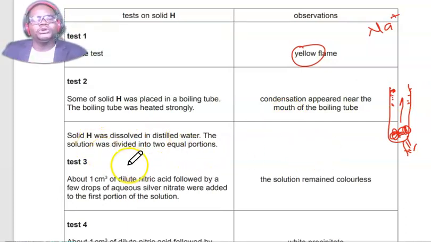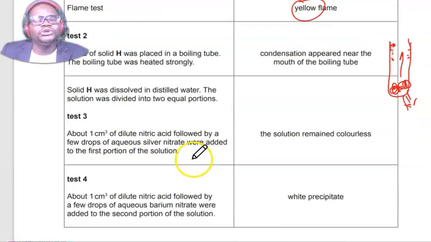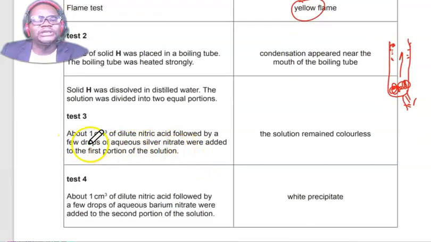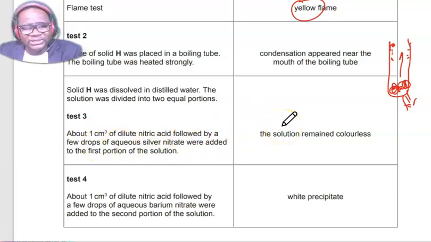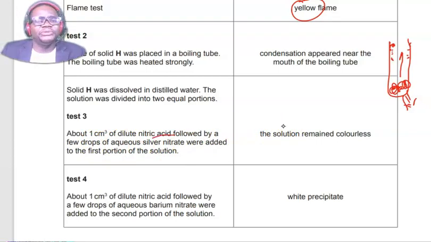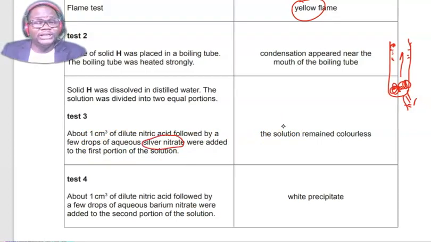Solution H was dissolved in distilled water. The solution was divided into equal portions. They told us that when they add nitric acid, followed by a few drops of silver nitrate to the first portion, the solution remains colorless. So if you add silver nitrate to something and it remains colorless, that tells us that we do not have any halides.